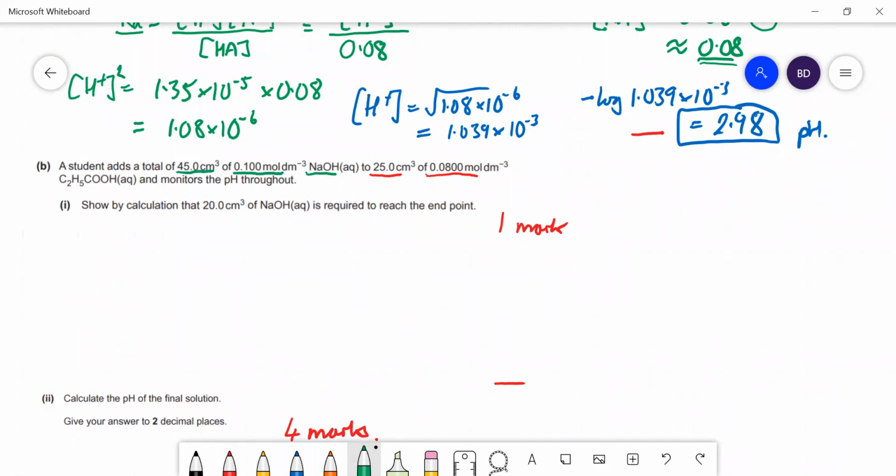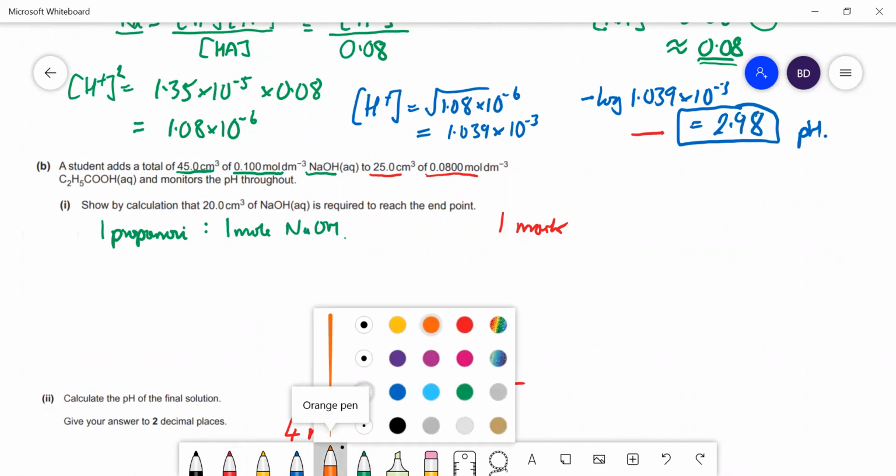So he's adding quite a large excess of NaOH there. Now, we should realize here that 1 mole of propanoic acid reacts with 1 mole of NaOH. Show by calculation that 20 centimeters cubed of NaOH are required.